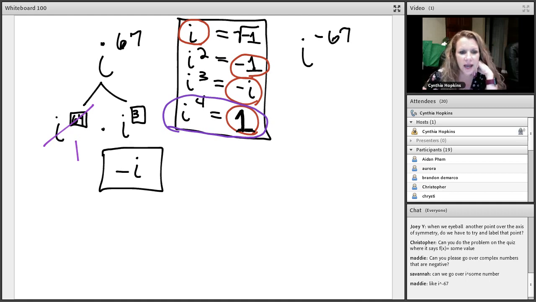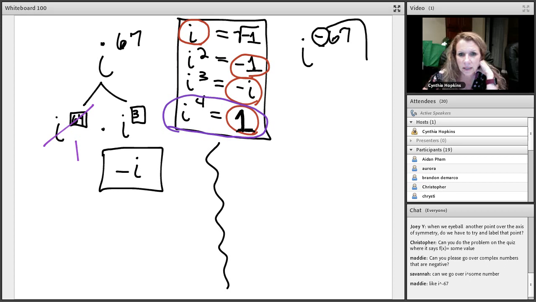All right, now when I go across the way here to my second example of i to the negative 67, you have to know that that negative exponent means, let me put an arrow right here, 1 over dot, dot, dot.